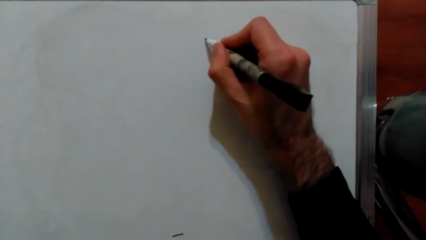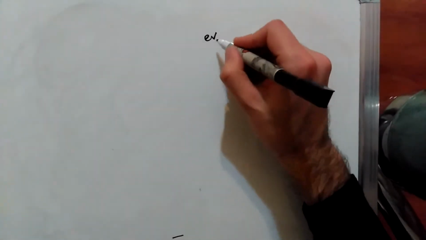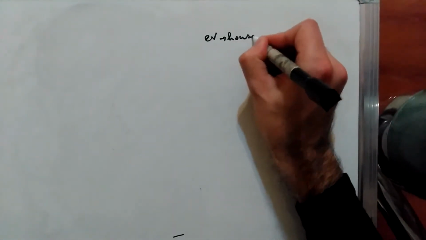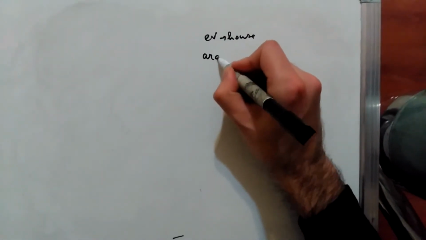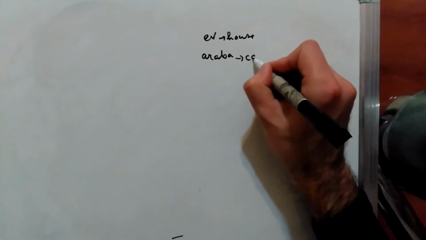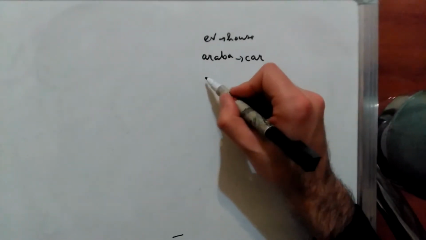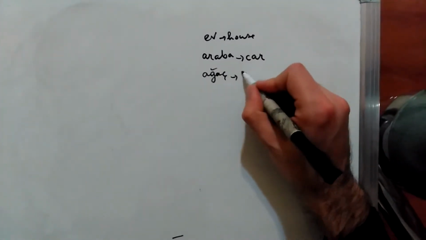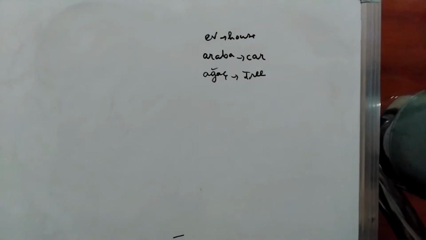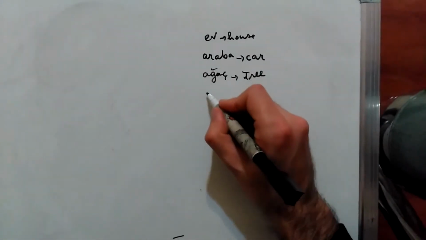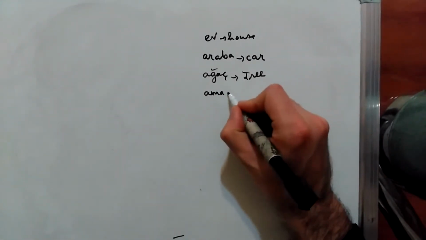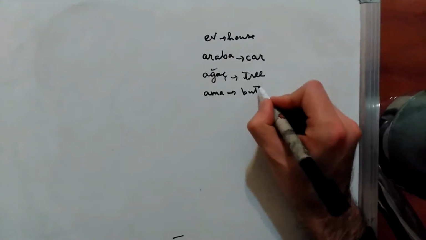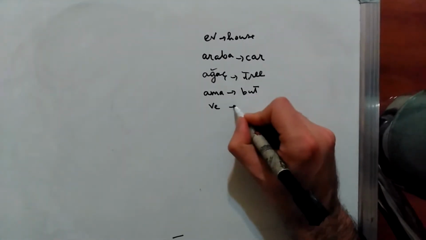Now let's sum up the words that we learned. We have ev, which is house, and then we have araba, which is a car, and then we have ağaç, which is a tree, and then we learned 2 conjunctions, ama, which is but, and ve, which is and.